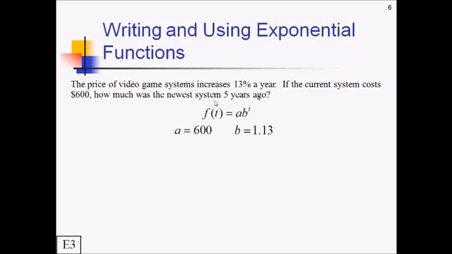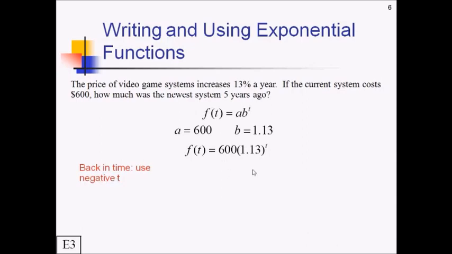And we want to know what the system was 5 years ago. So let me first write just my exponential function with the t still there. We're going to have 600 times 1.13 to the t power. And now 5 years ago, this is where you have to be careful picking your t value. 5 years ago means we're going back in time 5 years. So we need a negative t value.